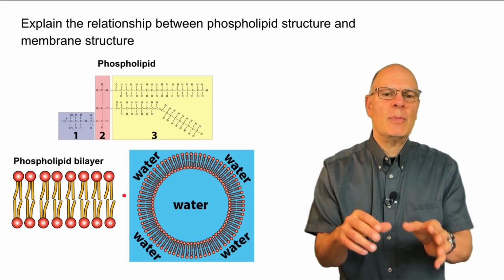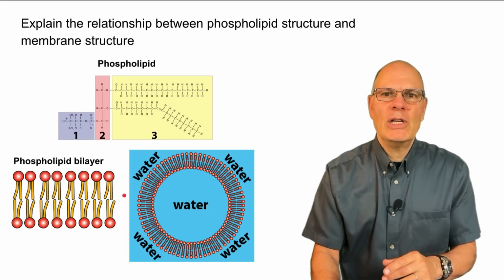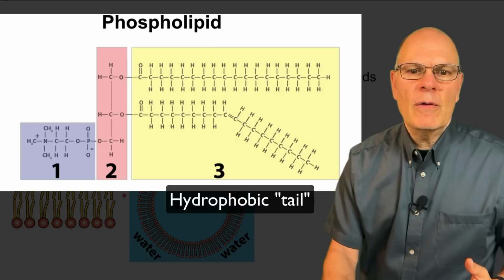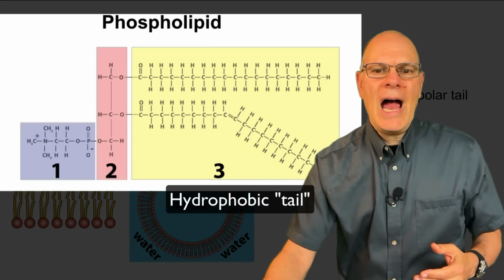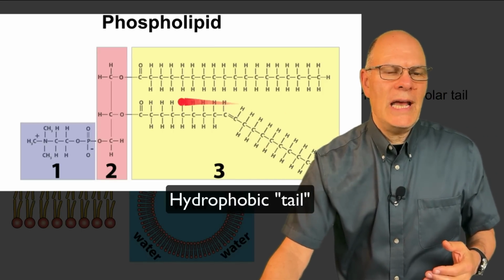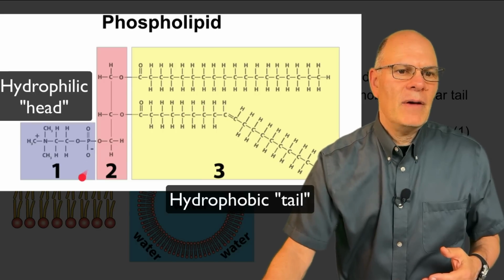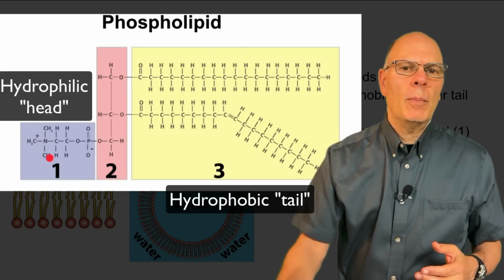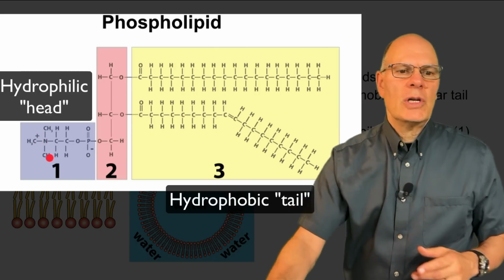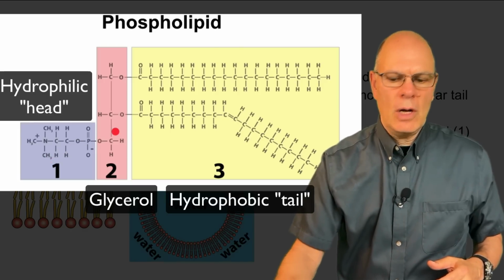So what's the relationship between phospholipid structure and membrane structure? Well, here's what you need to know. Phospholipids have a hydrophobic non-polar tail. That's this over here. And they have a hydrophilic or polar head, and those two parts are connected by a molecule of glycerol.